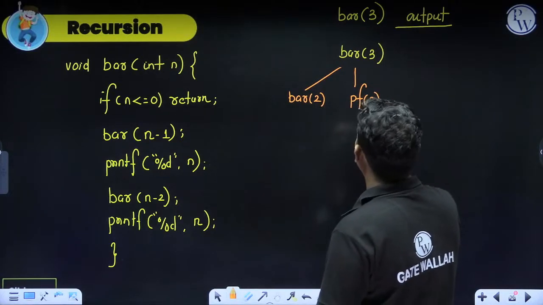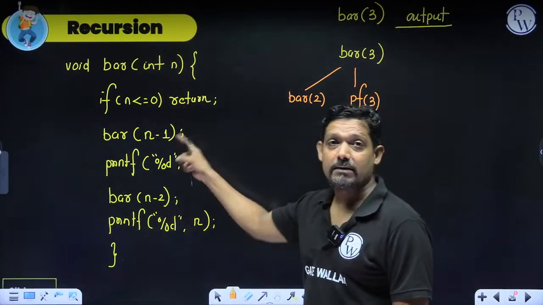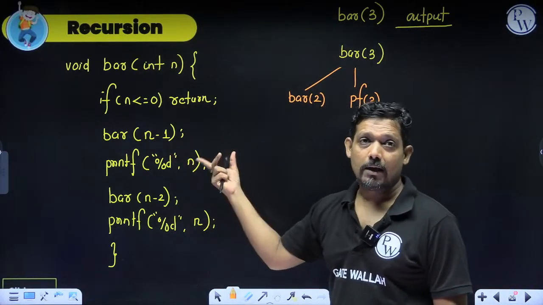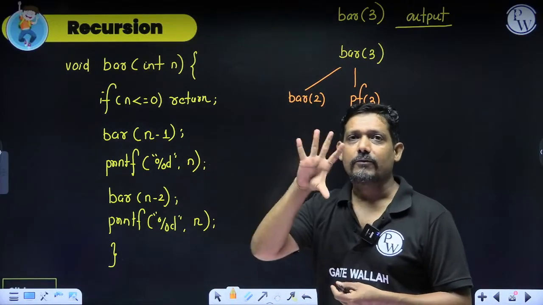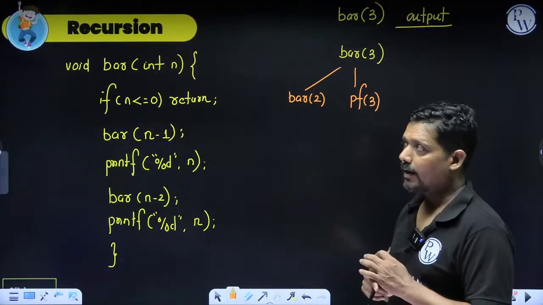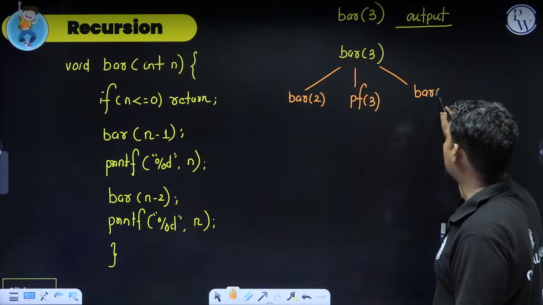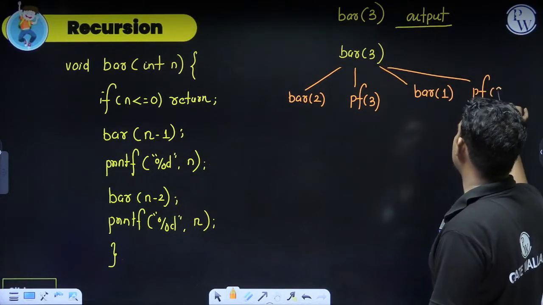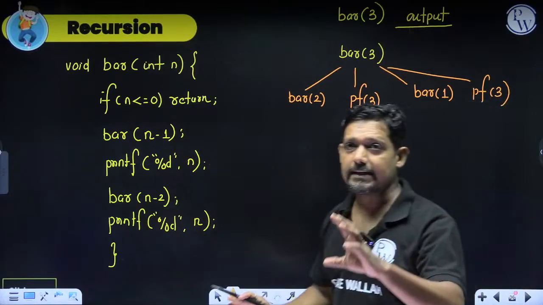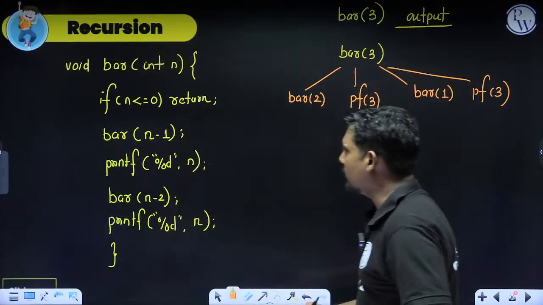Now see, I am calling the function as n minus 1, 3 minus 1, 2, but I am not updating the value. Please understand that in this entire thing, the value is not updated. Next time I will call bar 1, and then again I have a printf that will also print the value 3. So the last value will be 3 for sure.